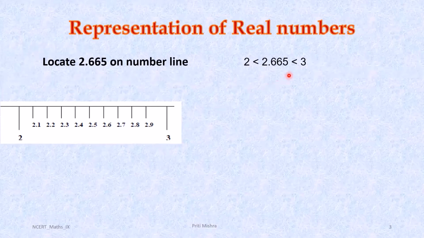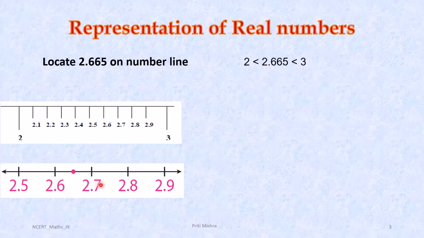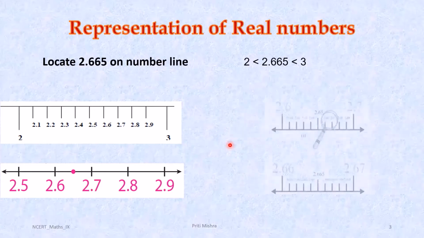As we have to locate 2.665, we need to observe the numbers in between 2.6 and 2.7. Now, I will show you the magnified image of numbers in between 2.6 and 2.7, and in this way, we will locate the given number.